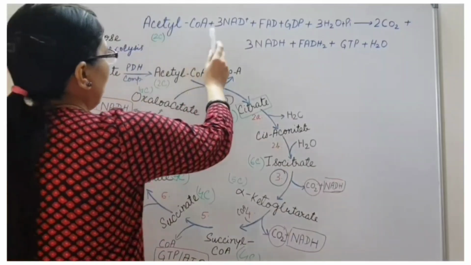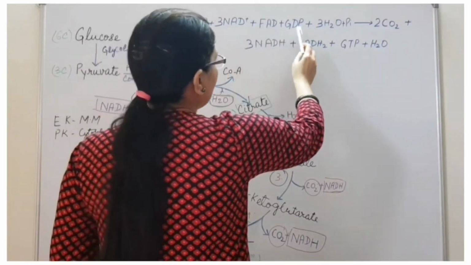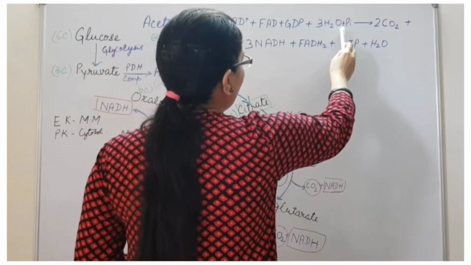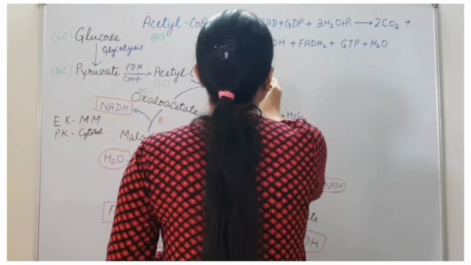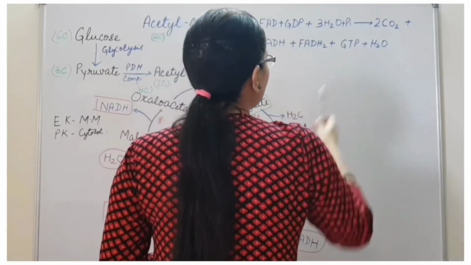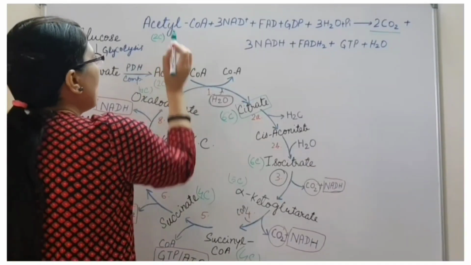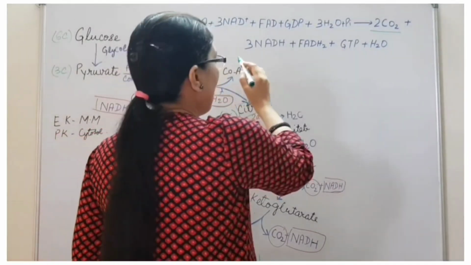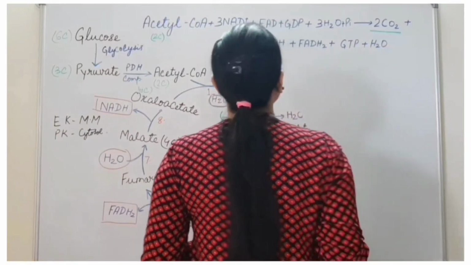Overall reaction of the Krebs cycle: acetyl coenzyme A plus 3NAD plus FAD plus GDP plus 3H2O molecule plus inorganic phosphate gives 2CO2, 3NADH, FADH2, GTP plus H2O. Acetyl coenzyme A is a 2-carbon compound. This 2-carbon is released in the form of 2CO2 molecule.